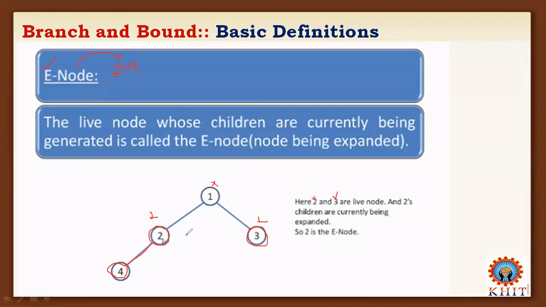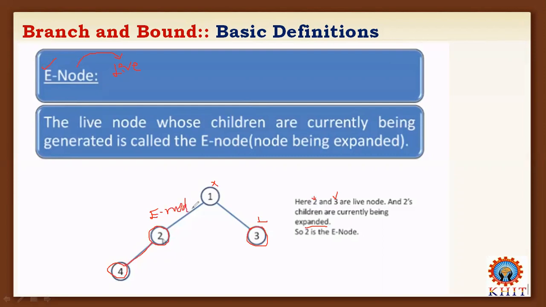You need to select one node that satisfies the condition, that is called an E-node. Which node is being further expanded? Node 2 is being further expanded. That's why this node is to be considered as the E-node.